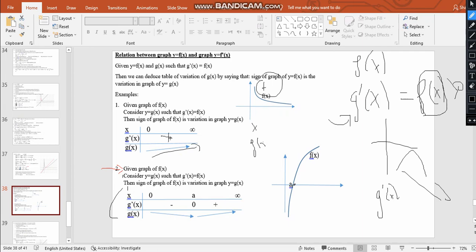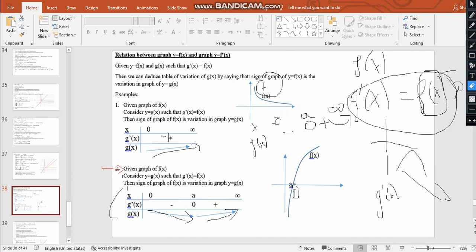So in this picture you have minus from 0 to infinity, then 0, then positive. Since g prime of x equal f of x, the sign will be the variation. So minus means decreasing, plus means increasing.